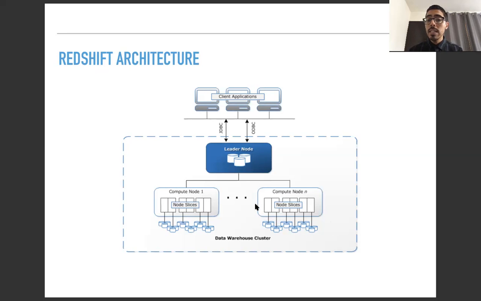Each node is an EC2 instance. And each EC2 instance has a certain amount of CPUs, all right? And the way Redshift works is that each CPU constitutes a slice of the node. And a slice is basically a partition of your table, all right?